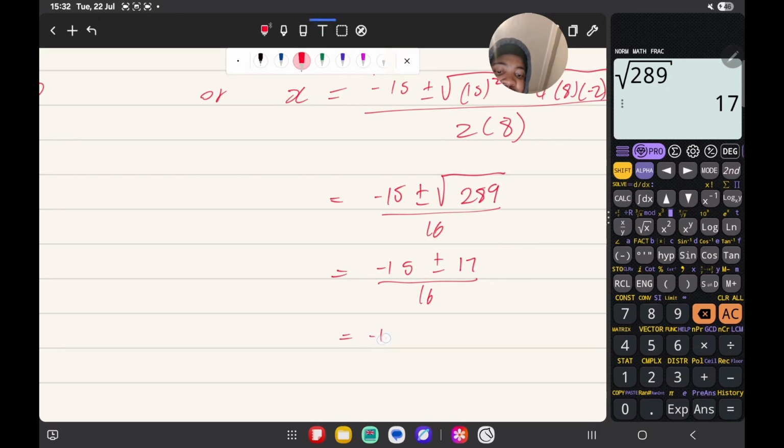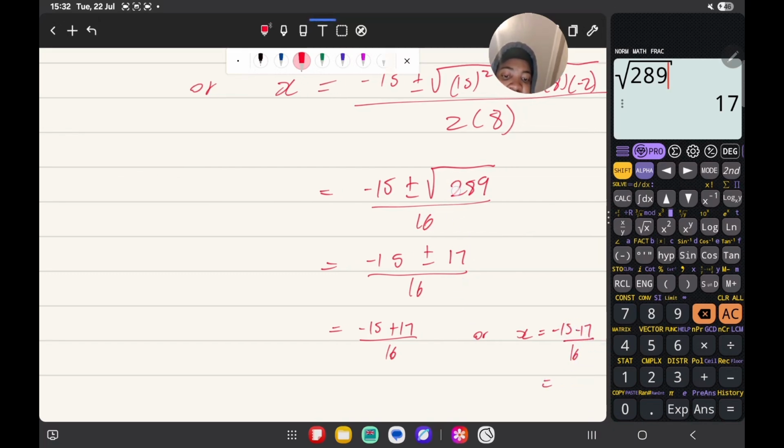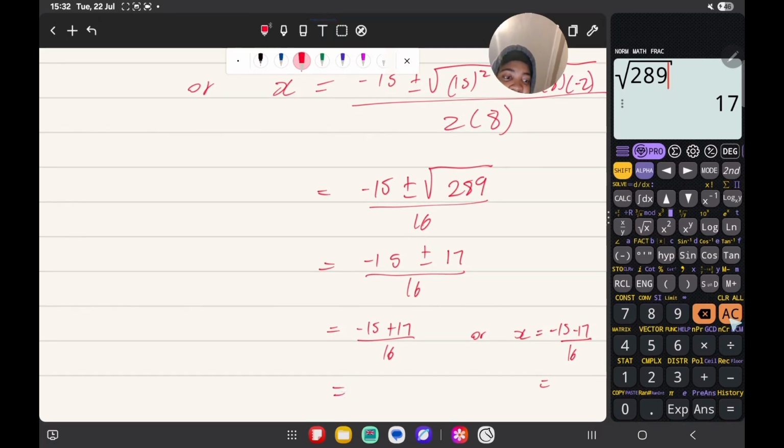Therefore you have minus 15 plus 17, and then you have minus 15 minus 17, which means the answer here is 1 over 8. Is that it? Yes, it is.